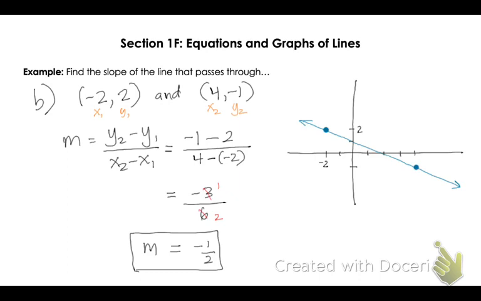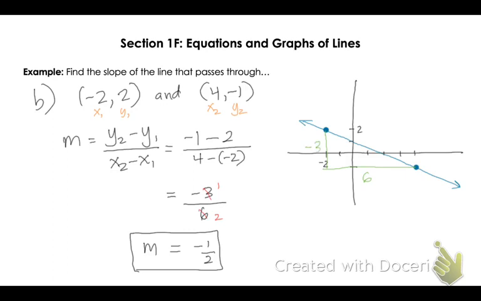So we did rise over run. I'm going to draw my little triangle down here. You can see the negative as it shows up when I draw this triangle. I still went to the right a positive amount, but in order to stay on this line, I had to go down. That's why we ended up with a negative number.